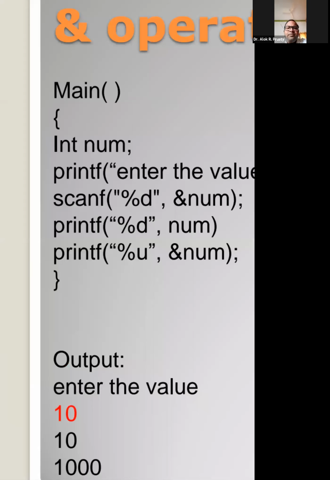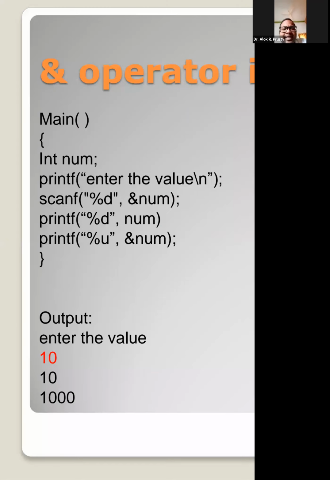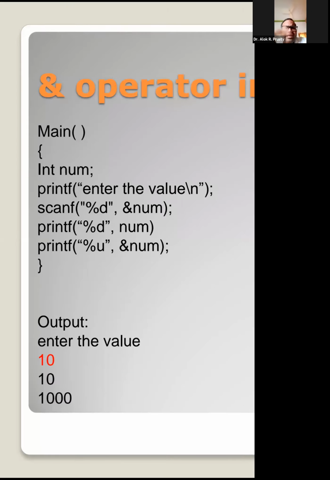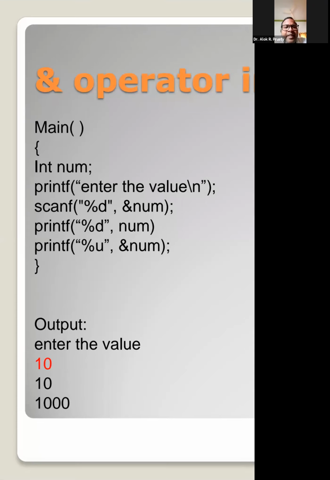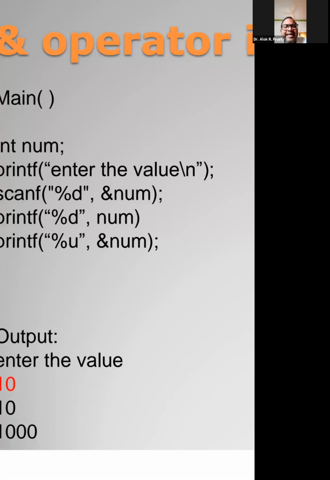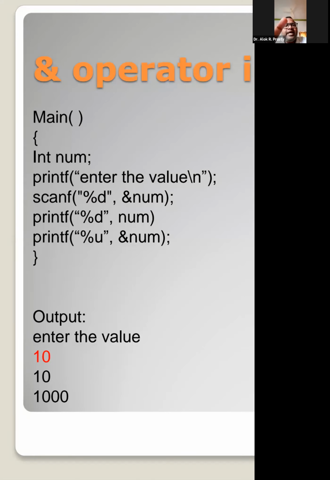Now you just see this small program here. Just ignore this capital M. We cannot write main where M is capital. It is a typing error. So small main, then the brackets, which signify it is a main function, and then I am declaring a variable num, which is of integer type.